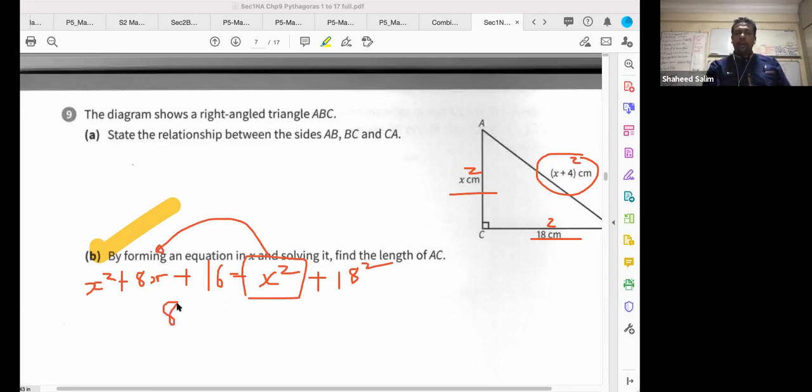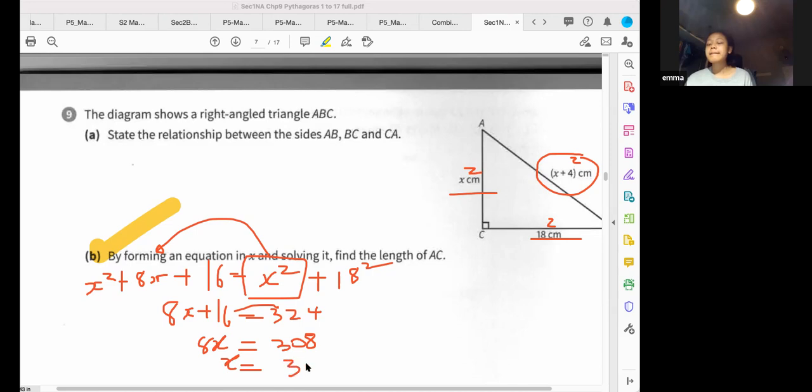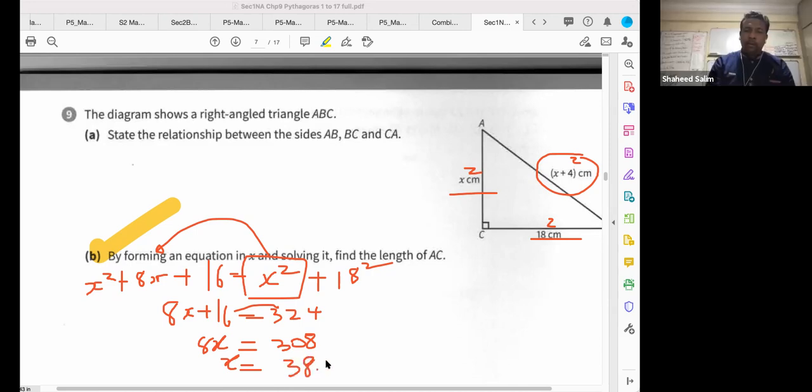You are left with 8x plus 16, and this is equal to 324. You minus the 16, you get 308. 8x equals 308. x equals 38.5 after you divide.